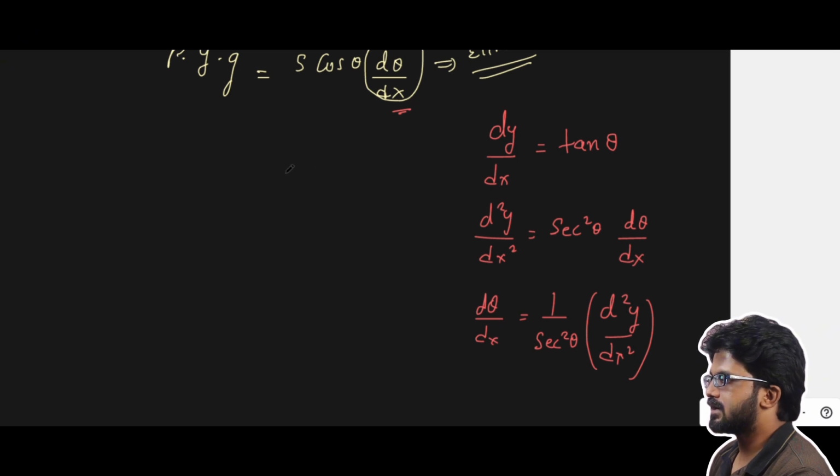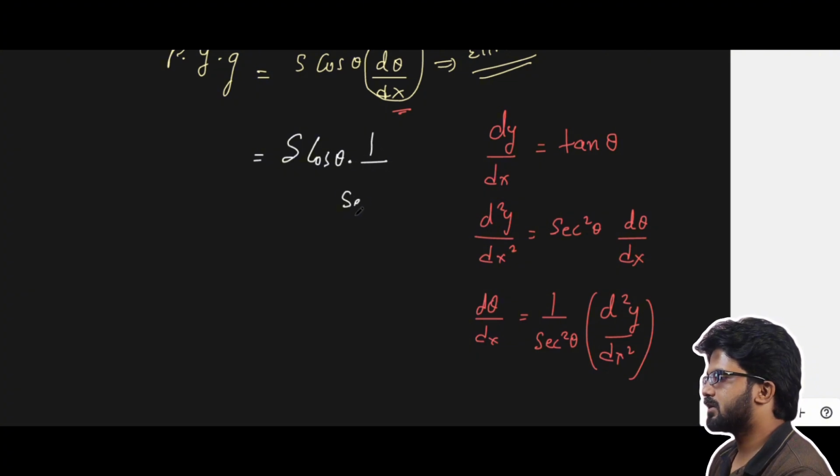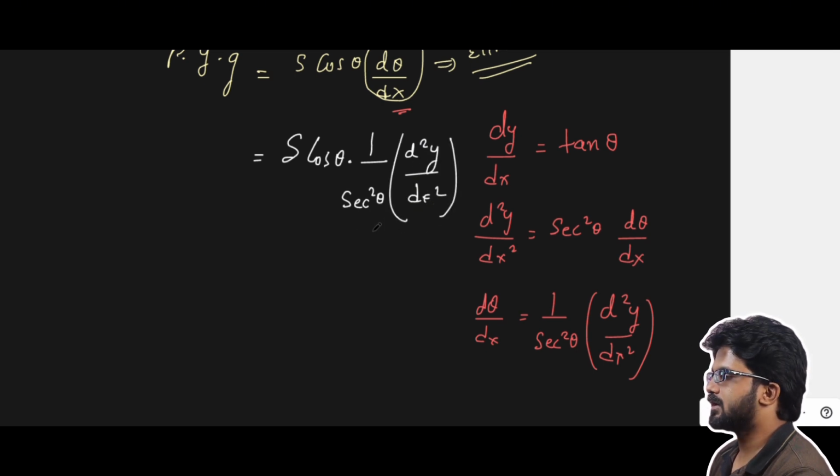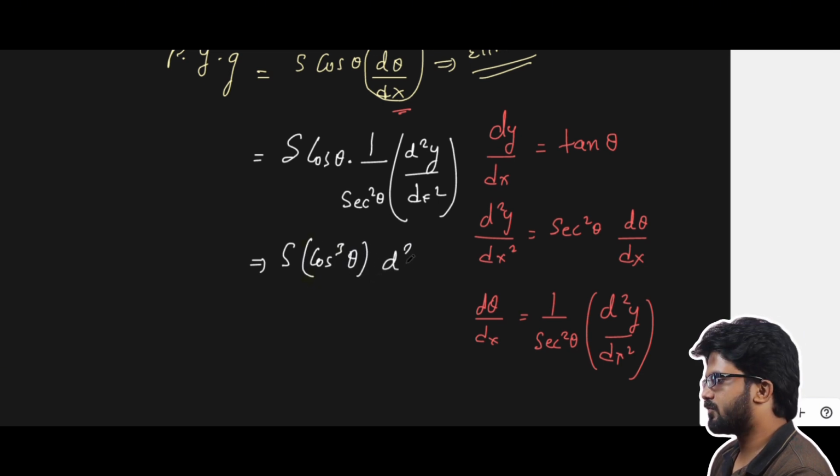So we can write this entire equation here. S cos theta multiplied by 1 upon sec square theta d square y by dx square. So sec square theta, cos theta is 1 upon sec theta, which is 1 upon cos theta. So you can write it as S cos cube theta multiplied by d square y by dx square.